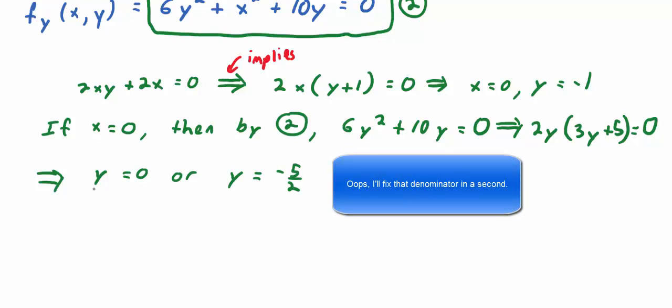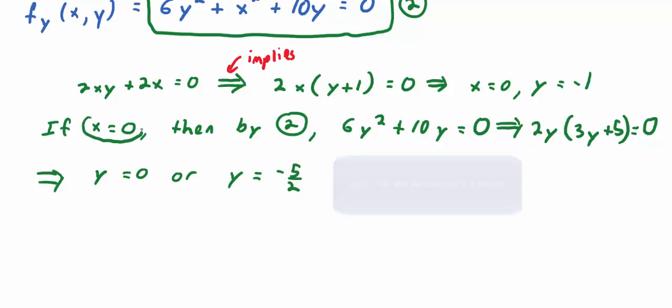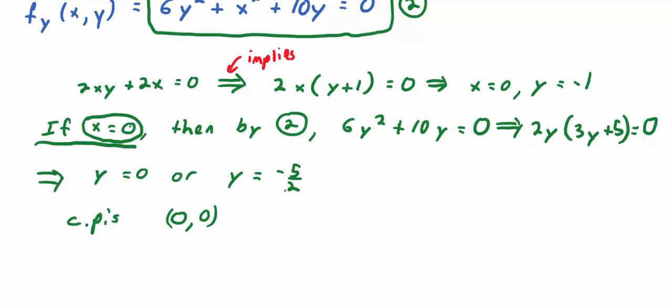So we actually have two critical points corresponding to when x equals 0, this first case here. The critical points are (0, 0) and (0, -5/3).